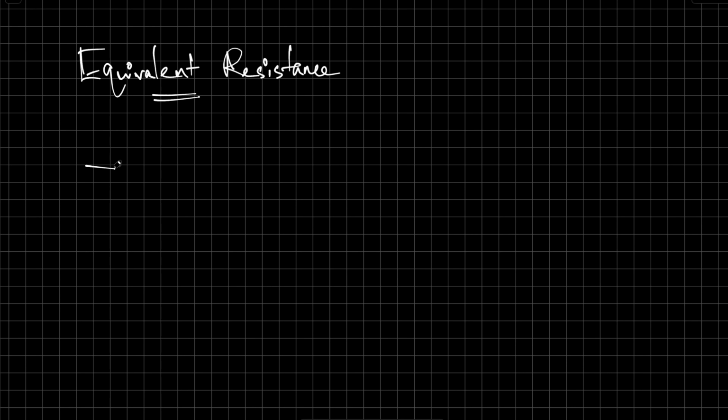If you have two resistors, let's say a 5 ohm resistor and a 10 ohm resistor, there are two ways you can connect them across the battery. So this is the battery. You can connect them back to back.